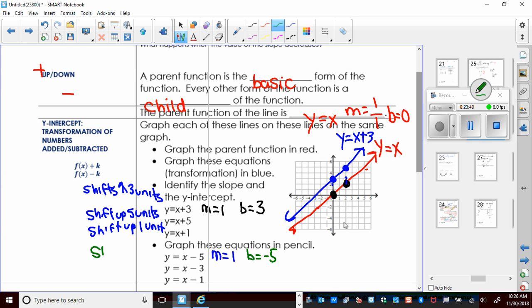So let's write the verbal translation, which is to shift down 5 units. Next, minus 3 means to shift down 3 units. For x minus 1, I shift down 1 unit. Okay?